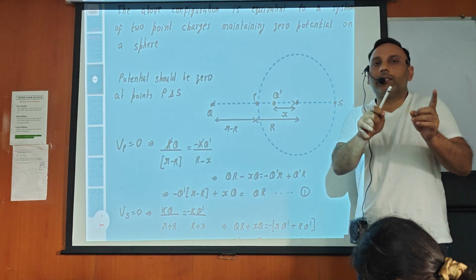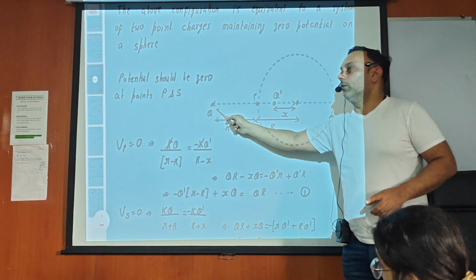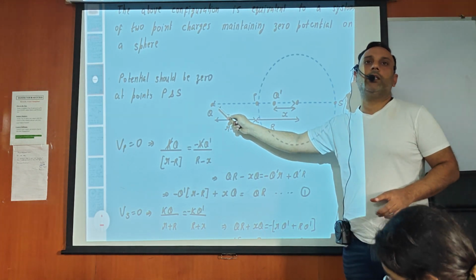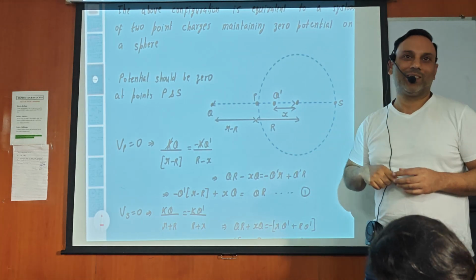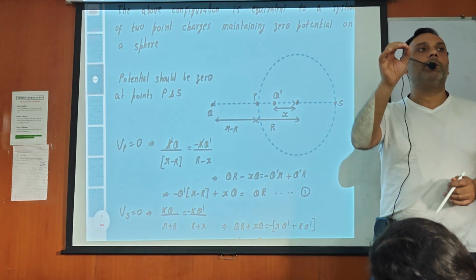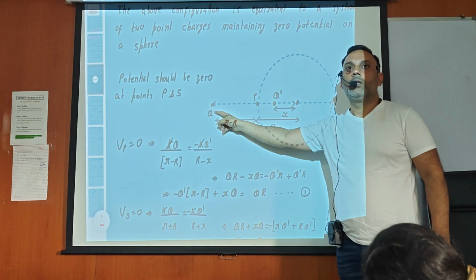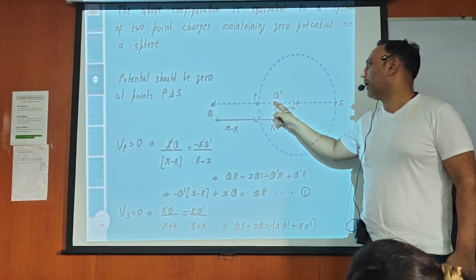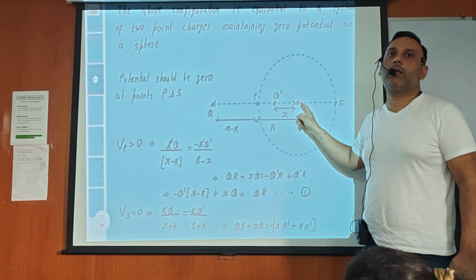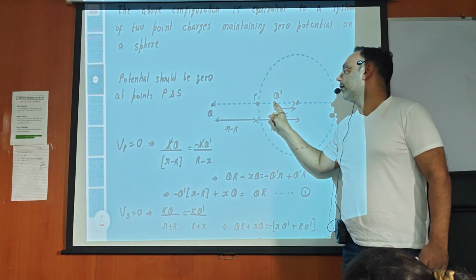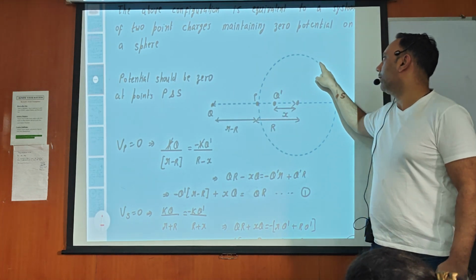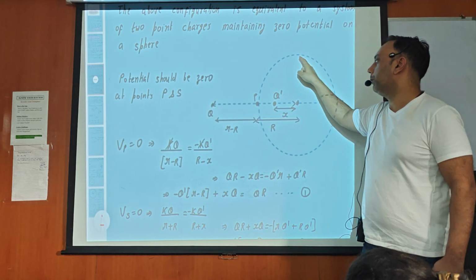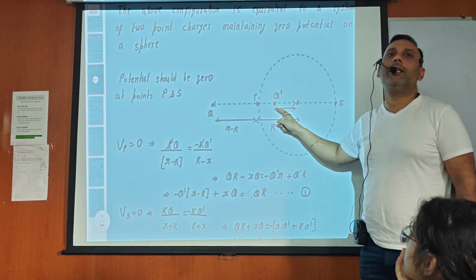So then I can say this q dash and q are the equivalent configuration of the given configuration. So if the potential produced by this point charge q and some other charge q dash, whose value I don't know, present at distance x from the center of the conductor, is zero everywhere, then any two convenient points we can select.